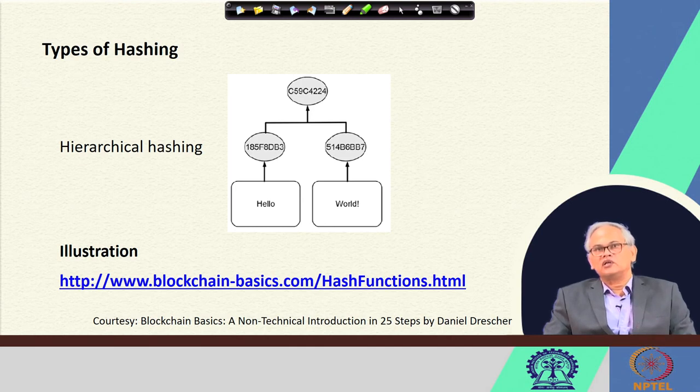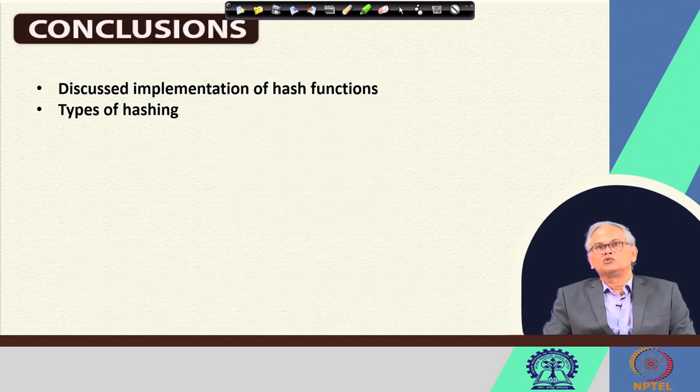As I mentioned, in the very next lecture we will talk about the construction of the Merkle tree, again a backbone of constructing blockchain, specifically Bitcoin, where these concepts of hierarchical hashing will be used. So, that is the outlook for our next lecture, and with that we conclude this particular lecture.